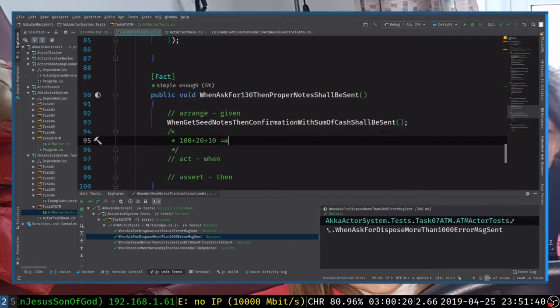In our case, we don't have 10, so to achieve that, we need to borrow 50, so we will be expecting 150 plus 80, so it will be 4 times 20.